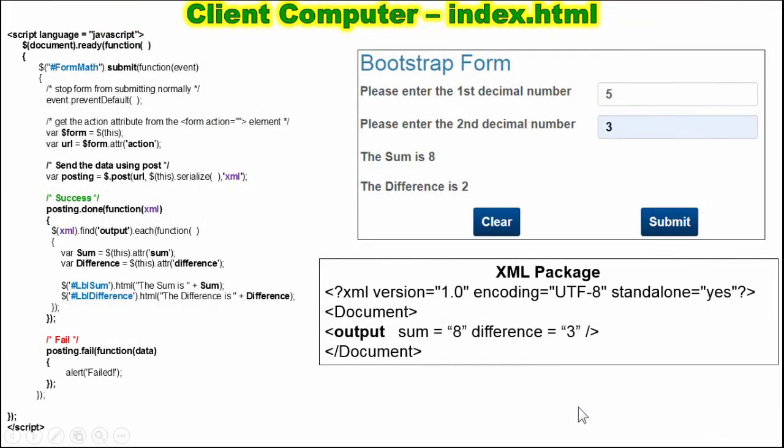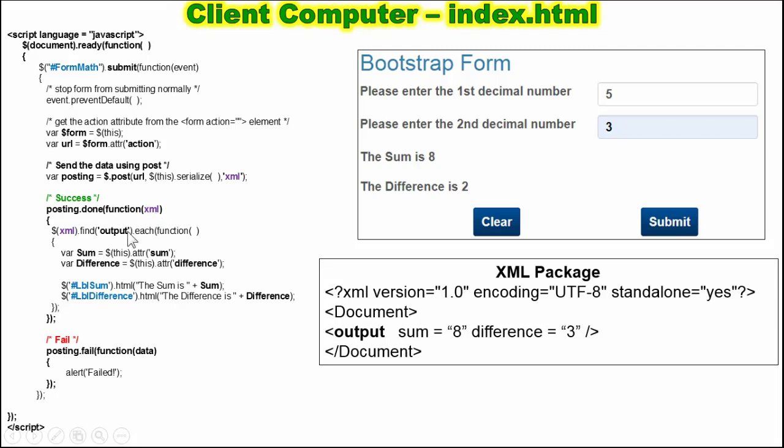Let us go back to the client computer represented by the index.html file. When the PHP web server sends the XML package to the client computer, inside the format submit event handler, the posting.done event handler is triggered to run by the client computer. The received XML package will be stored in the formal parameter variable xml.